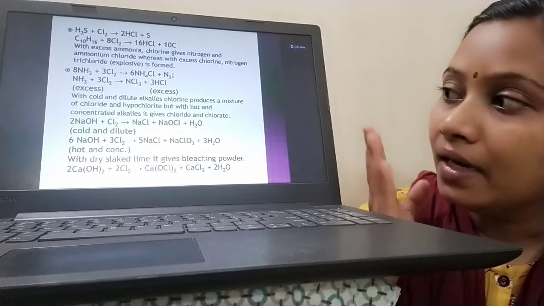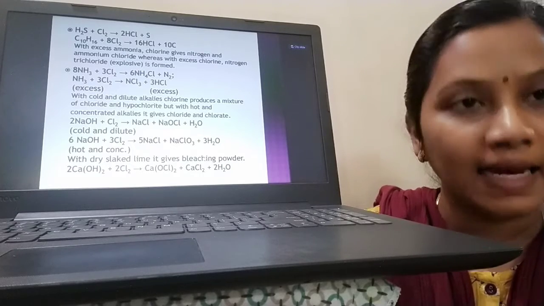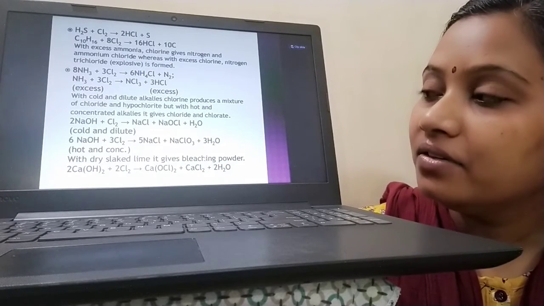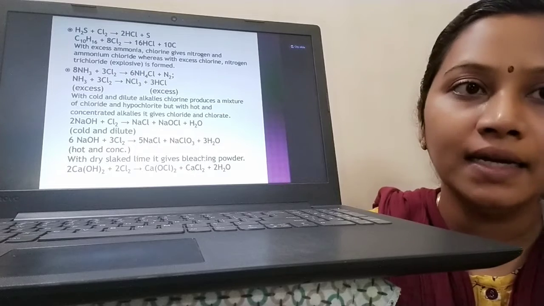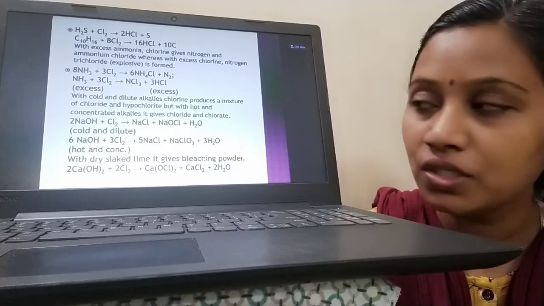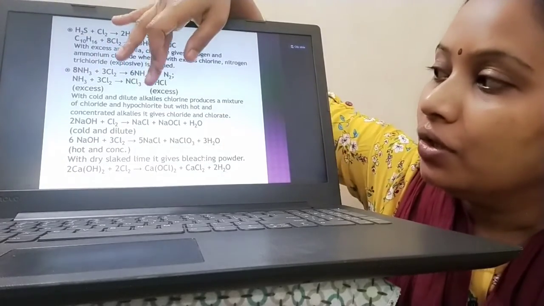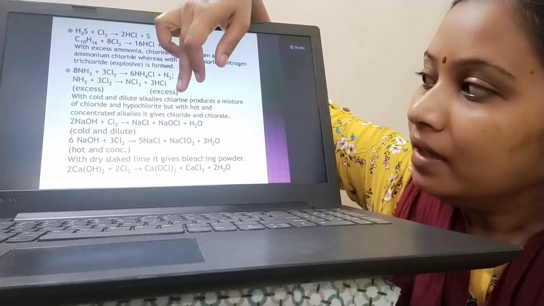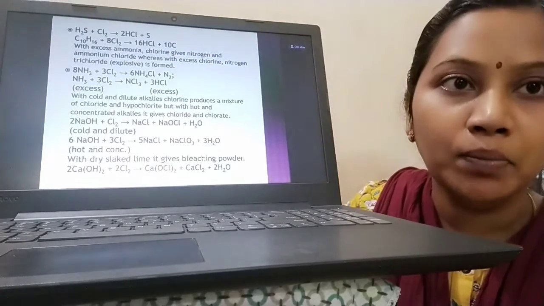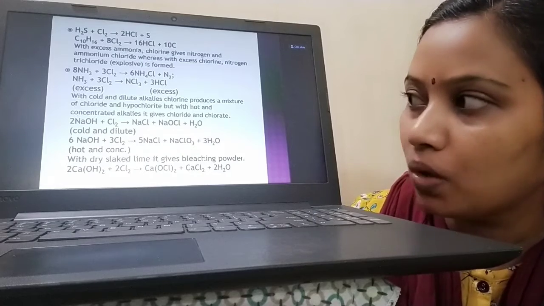Okay, and moving on to the action of alkalis. First it is treated with cold and dilute NaOH. So chlorine, upon reaction with cold and dilute NaOH, gives NaCl and sodium hypochlorite, NaOCl, plus water.